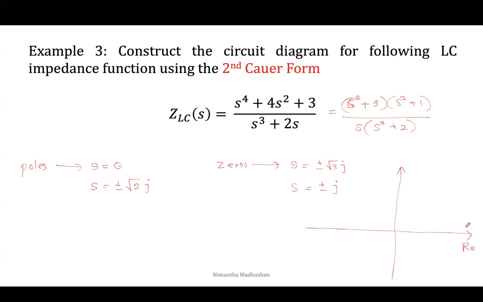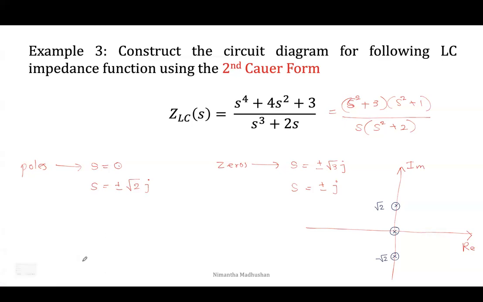This is the real axis and this is the imaginary axis. There are 3 poles: one at the origin, and at plus root 2 and minus root 2j, which is around 1.4.